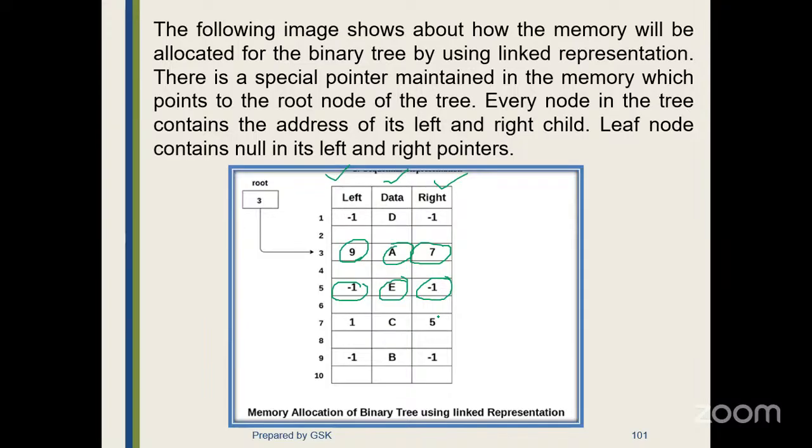Like this, we can represent the memory allocation of a binary tree using linked list representation. This image shows how memory will be allocated for the binary tree using linked representation. There is a special pointer maintained in the memory which points to the root node of the tree. Every node in the tree contains the address of its left and right child. A leaf node contains null in its left and right pointers.